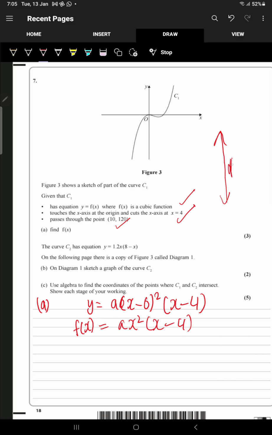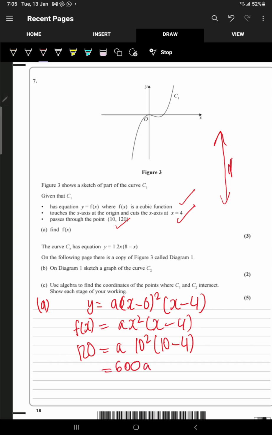So let's find the a factor. How can we find it? They have given some information about the points, so we use that: 10 minus 4 times 120, so 10 squared. 10 minus 4, I get 600a, and then you divide both sides by 600.